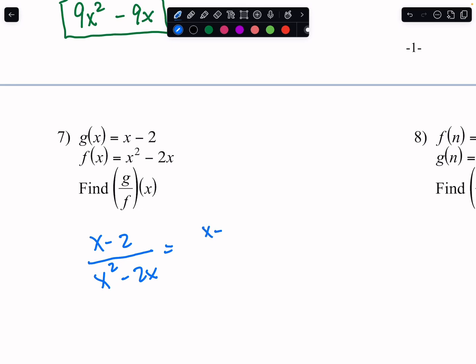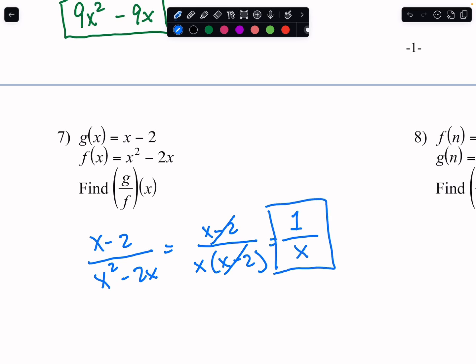So I have x minus 2 on the top, and I can factor out an x, and I'm left with x minus 2, which means that these are going to cancel because they're the same. When everything cancels on the top, you're left with just 1 up there, and you're left with x. This is the final answer for this one.